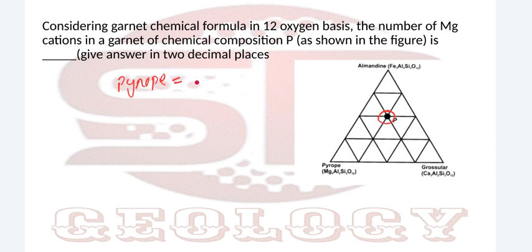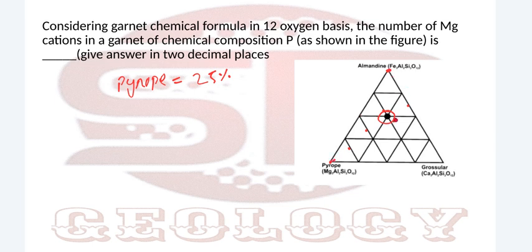From the diagram you can see pyrope is 25%, because pyrope is 100 at its vertex, and on the opposite line pyrope is 0. Then it increases towards pyrope: 0, 25%, then 50%, then 75%, then 100%. It is similar for all the others. Almandine is 100% at its vertex, on the opposite line almandine is 0, then 25%, 50%, 75%, then 100%.